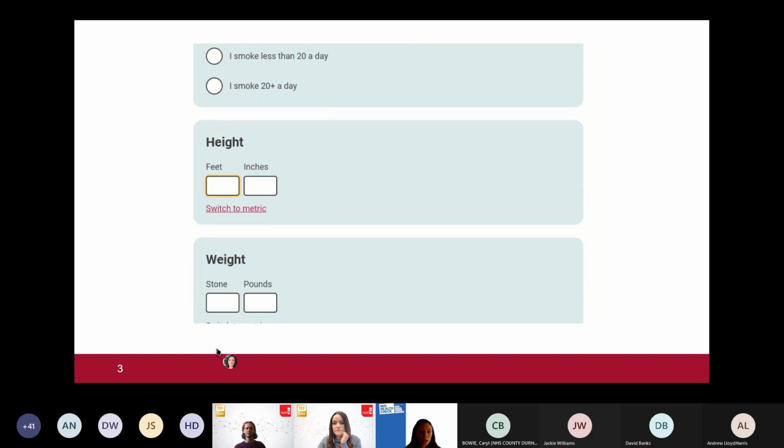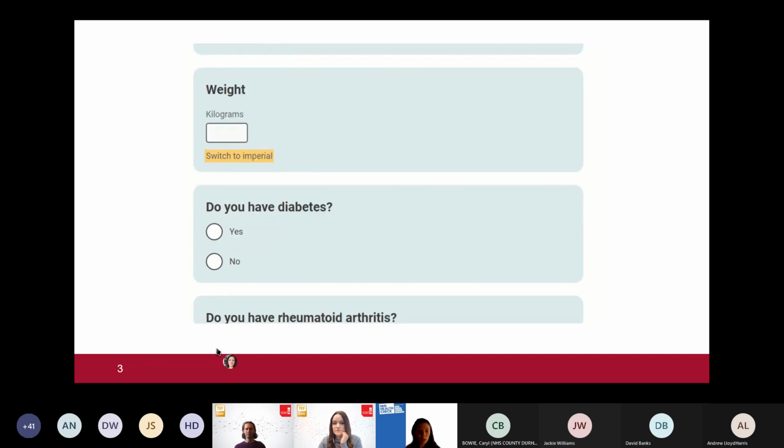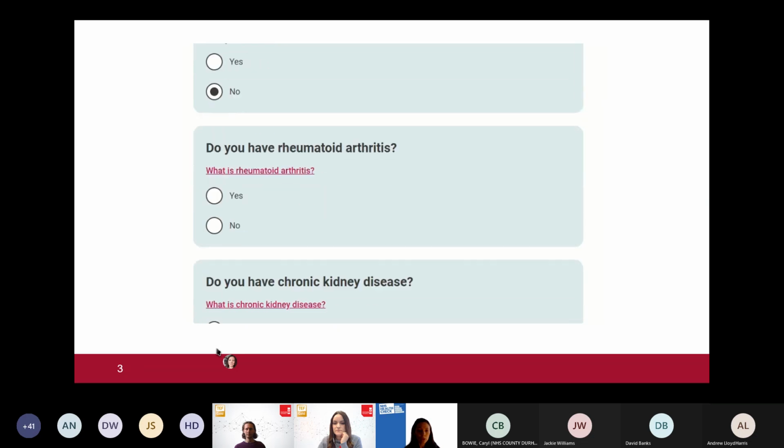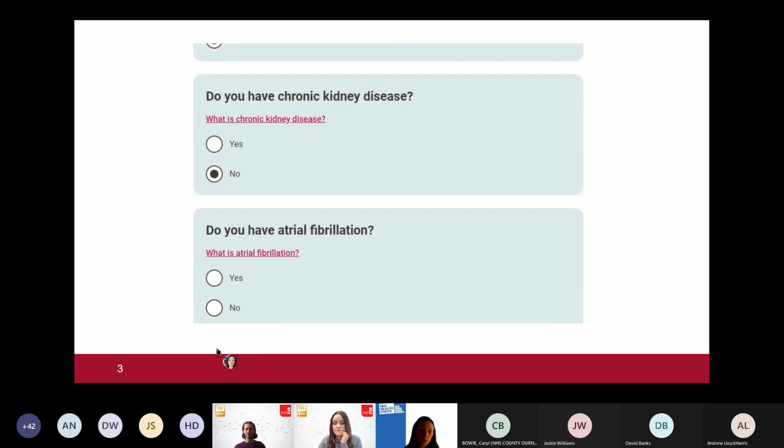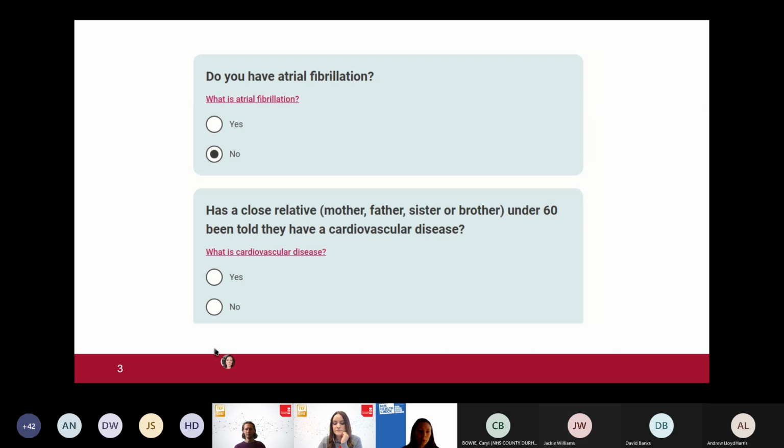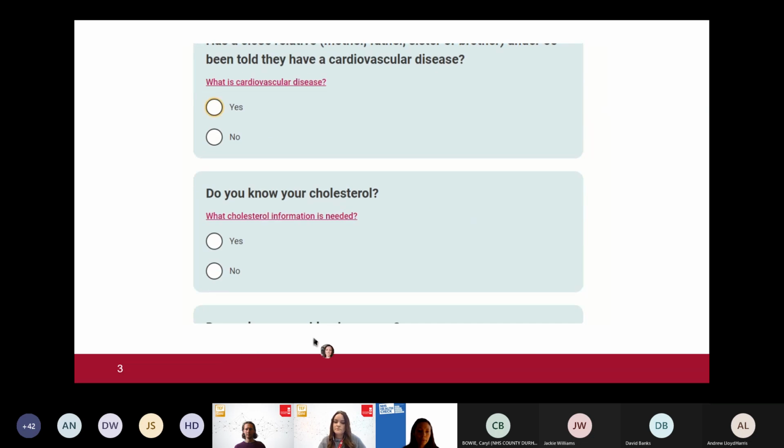Some information on smoking, and then height and weight to calculate BMI. And then it goes through a series of questions about clinical conditions, so diabetes, rheumatoid arthritis, and you can see there's a drop down that you can click on to find out a bit more information.